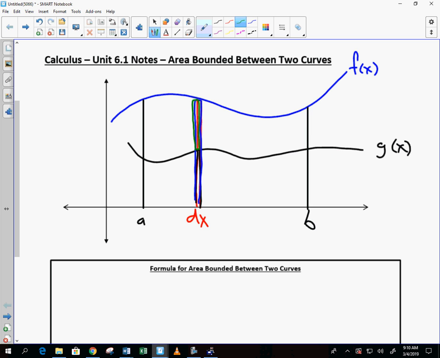Subtract the two. Exactly. And so all of a sudden, the area of that one rectangle becomes f of x minus g of x. That's the height, and then dx is the width. And that will give us the area of that rectangle.